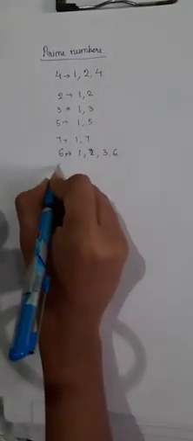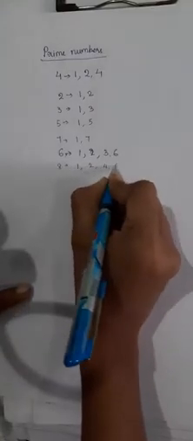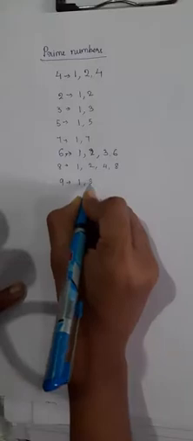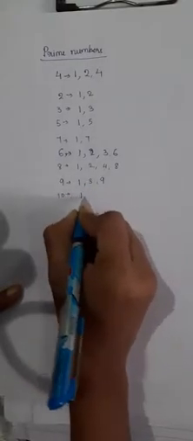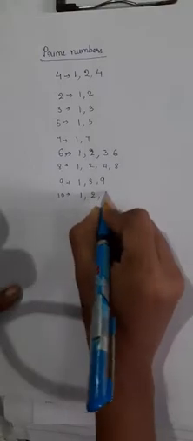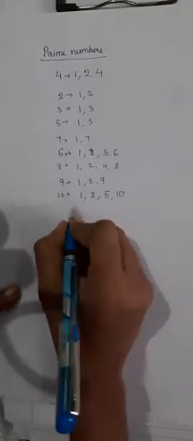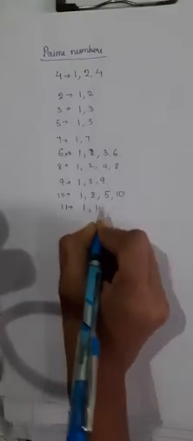If you take 8, it is divisible by 1, 2, 4 and 8. If you take 9, it is divisible by 1, 3 and 9. If you take 10, it is divisible by 1, 2, 5 and 10, since 5 twos are 10. If you take 11, it is divisible by 1 and 11.